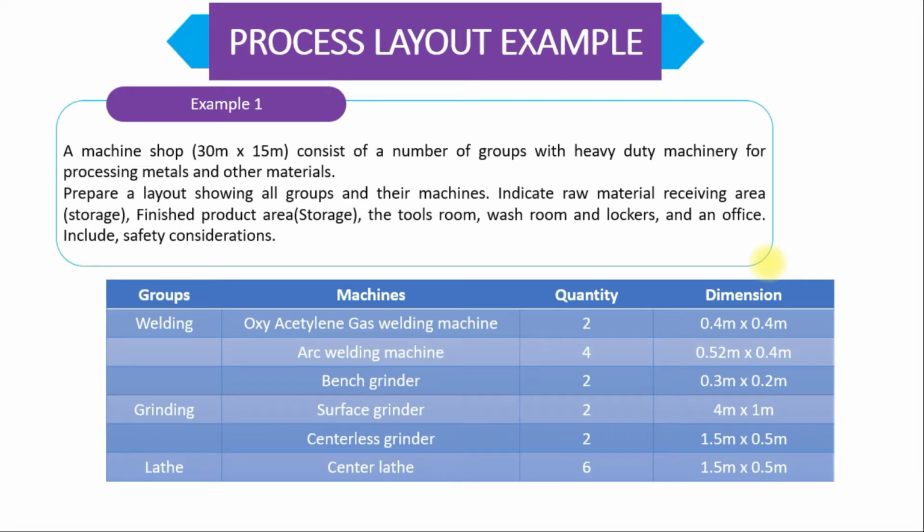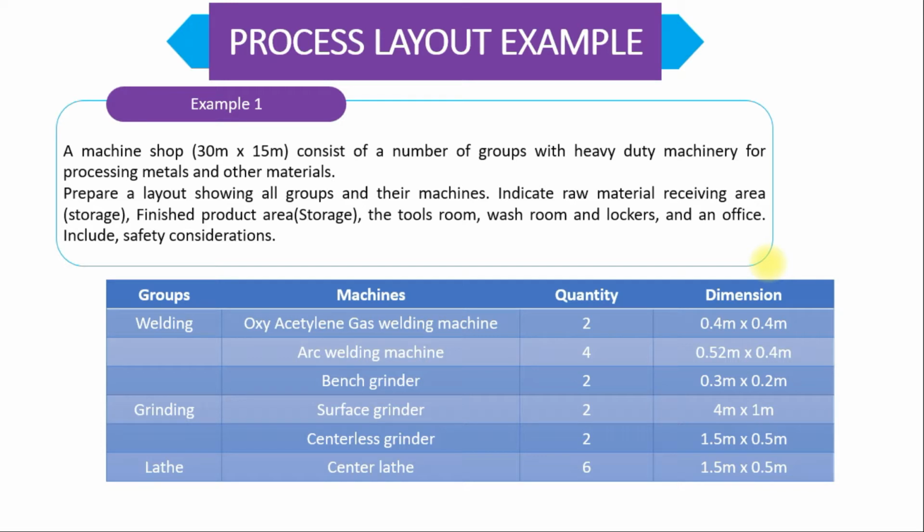Prepare a layout showing all the groups and their machines, indicate the raw material receiving area, the finished product area, the tools room, washroom, lockers, and office, and include safety considerations also, right? So that is what the problem is saying.